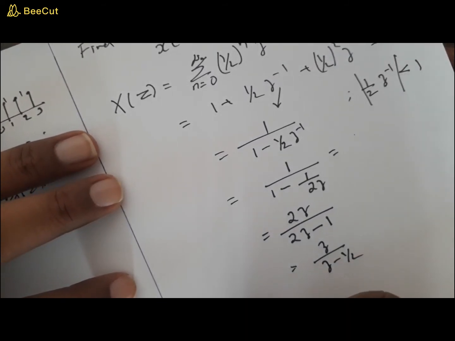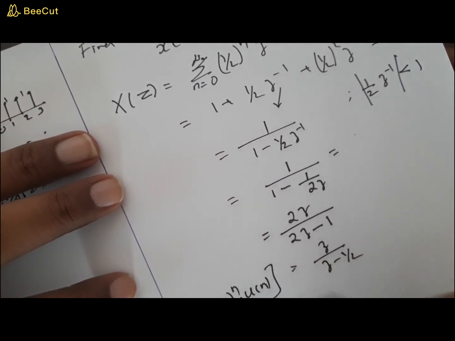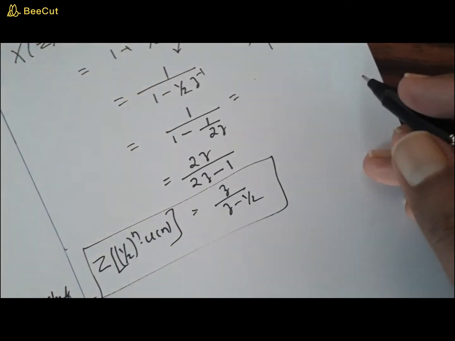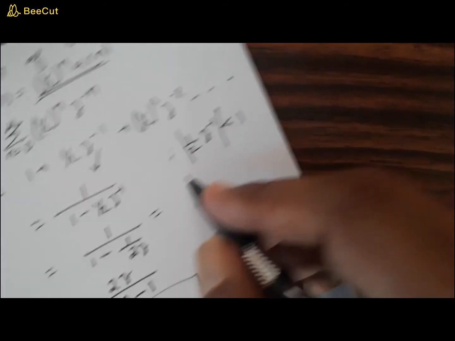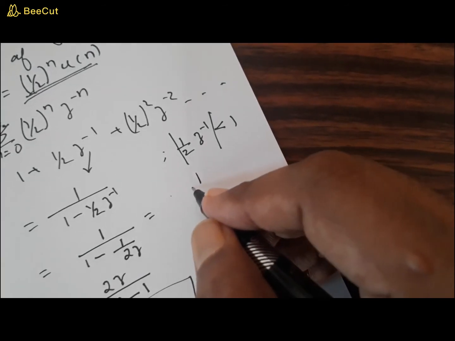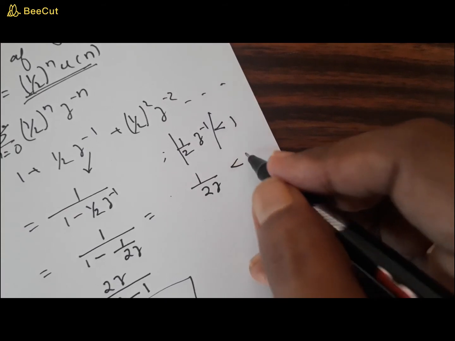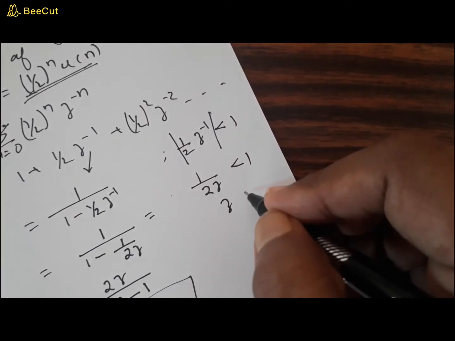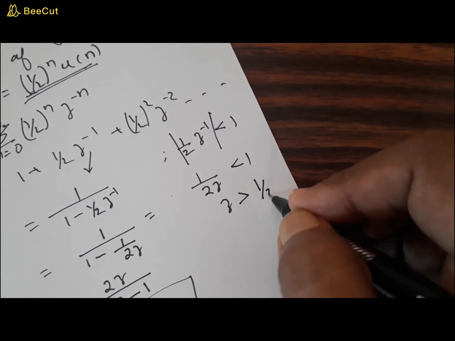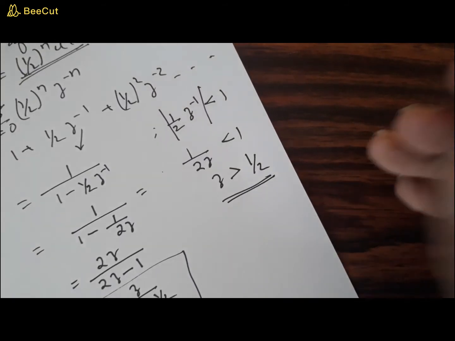So this is actually your z transform of (1/2)^n into u of n. This must be right because we have derived it from the direct expression. Now what must be its ROC? Its ROC is |1/(2z)| less than 1, or when you bring this z here, |z| is greater than 1/2.